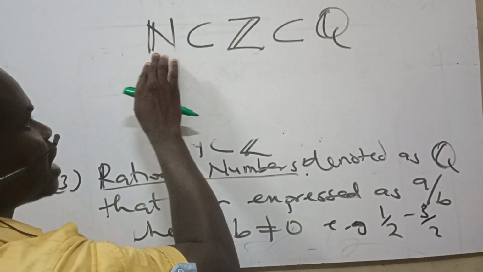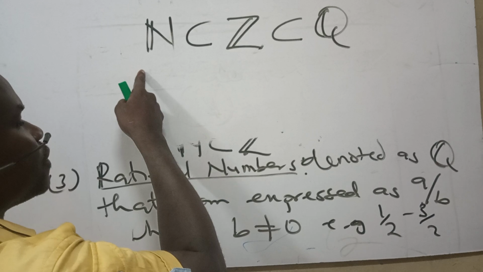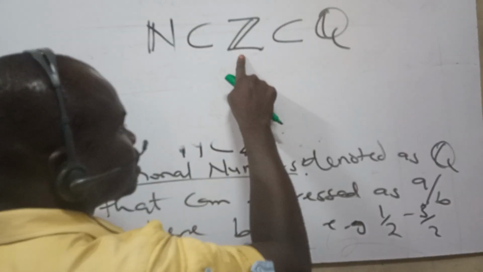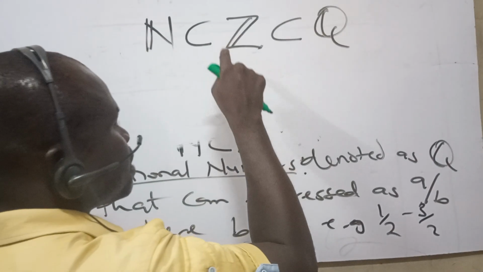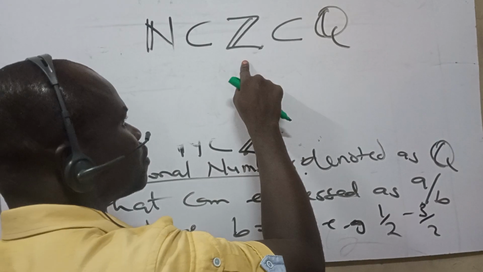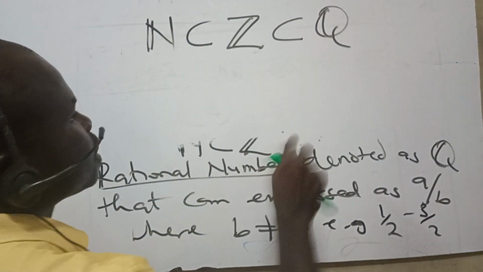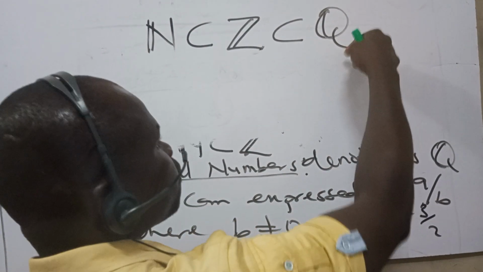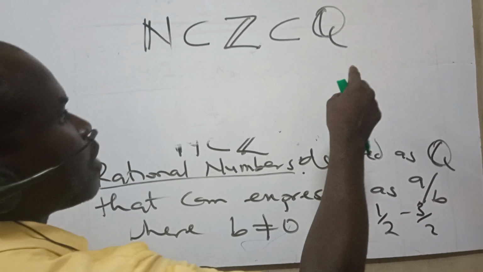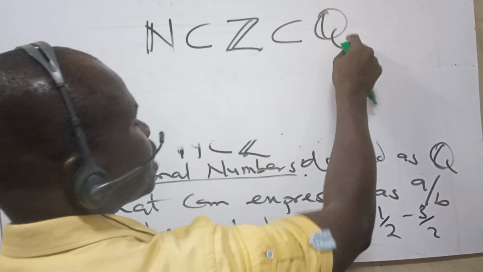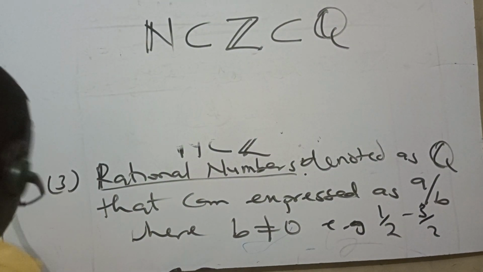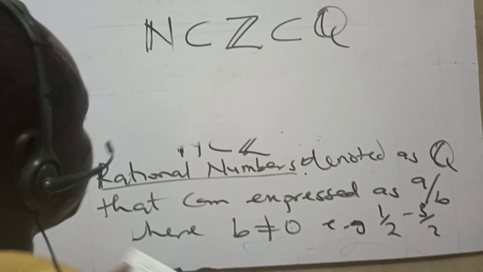Natural numbers start from 1; we don't have negative numbers and 0. Integers comprise negative whole numbers, 0, and positive whole numbers. The inclusion of fractions, either proper or improper, is included under rational numbers.